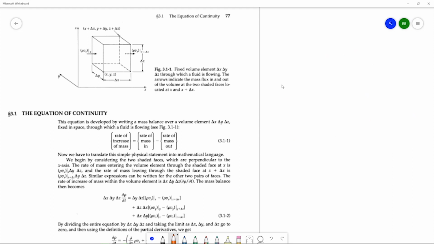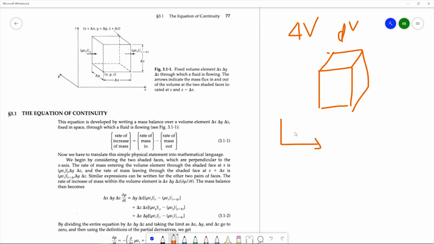So you have to consider a control volume, a small element. This is dv, or you can say delta v. My coordinate system is x, y. It follows the right hand thumb rule, so x cross y should give you z, in the right thumb direction.